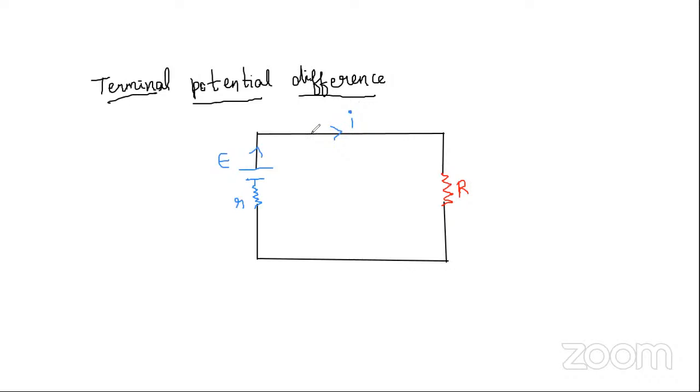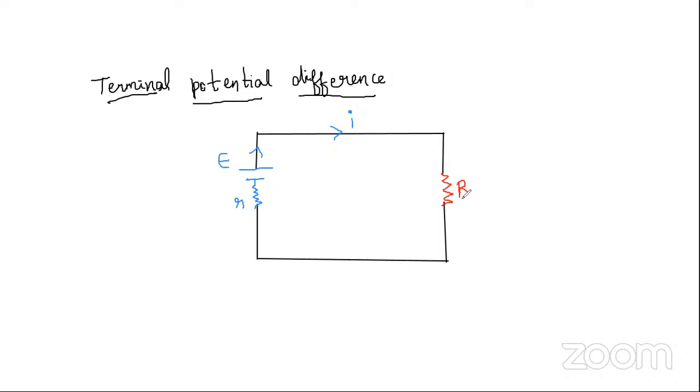So now the cell supplies the EMF E, and due to the EMF there is a current flow in this circuit. Now, what is the potential difference across this resistance capital R?